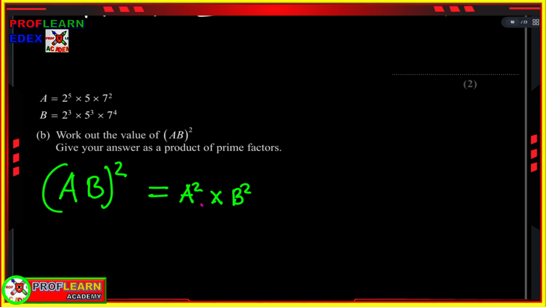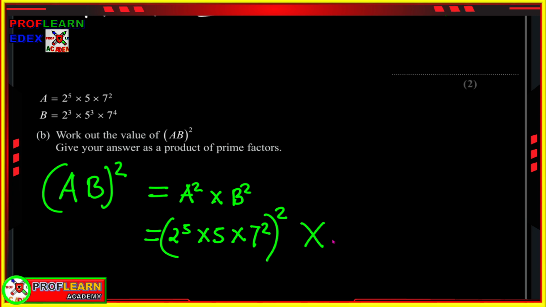That's what it means. So which could mean to us that 2 raised to power 5 times 5 times 7 squared times 2 raised to power 3 times 5 power 3 times 7 power 4.